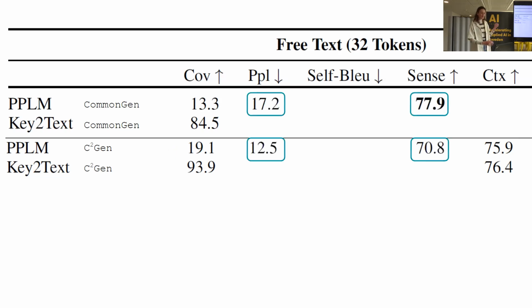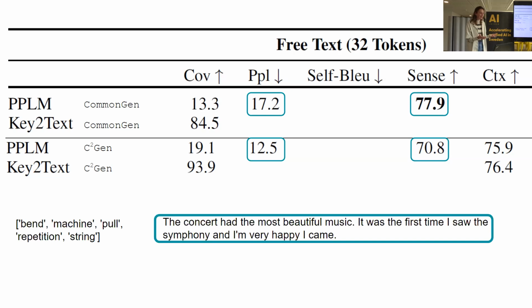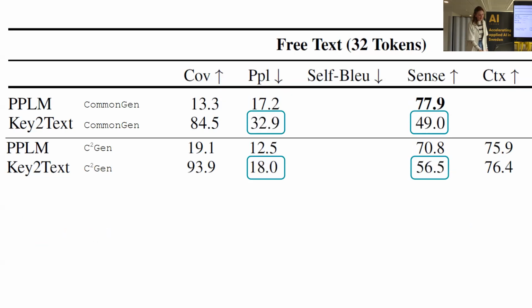But still, they're not perfect because PPLM still has a very low coverage. It's still not good enough to be acceptable. For example, given this four-to-five-word band machine pull repetition string, it is able to generate: the concert had the most beautiful music. It was the first time I saw the symphony and I'm very happy I came. So it's perfect, but it doesn't contain any of the words.